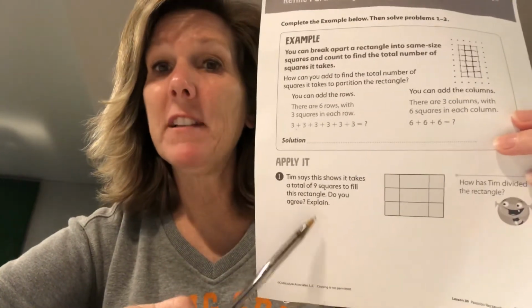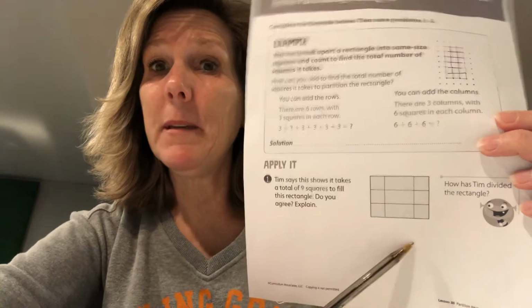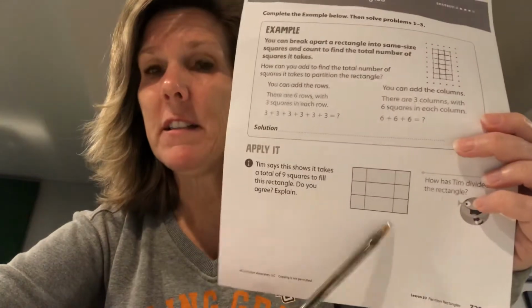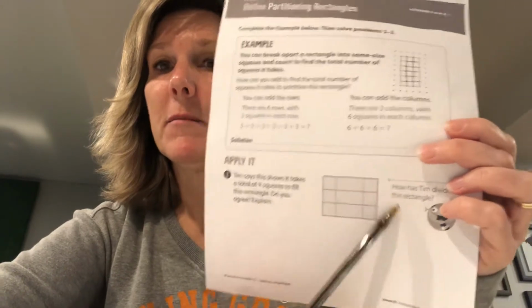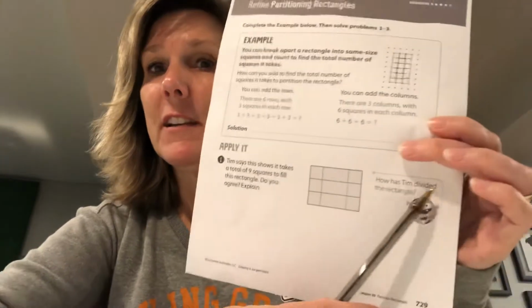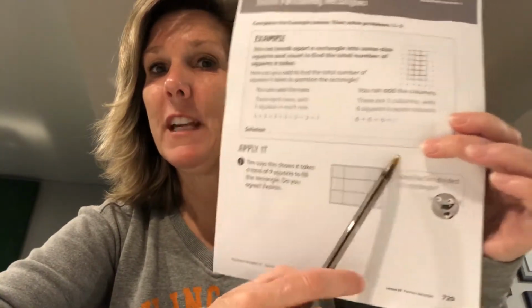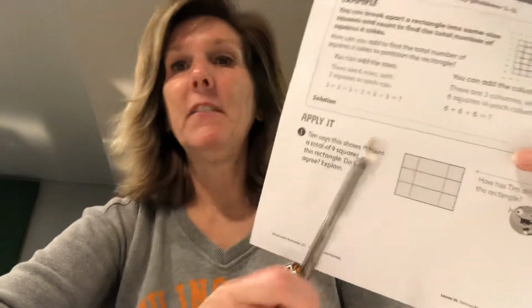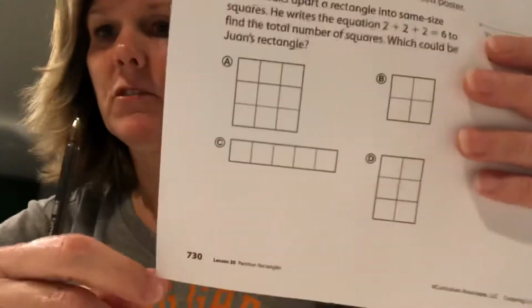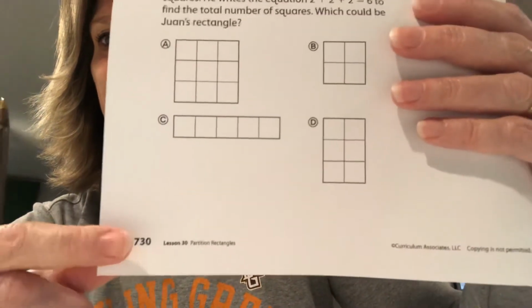So in this space without lines, you have to say, yes, I agree with Tim because, or no, I don't agree with Tim because. Remember, I want you to look at what he said over here. Look at the size of each of your squares, okay? You need to hit pause and go ahead and write. You can do that. When you're ready, we're moving on to page 730, okay, at the bottom here.